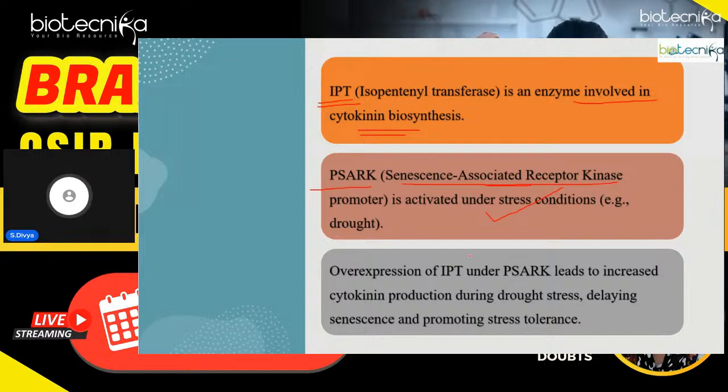So, if you combine IPT and SARK together, overexpression of the IPT gene under this promoter will obviously lead to overproduction of cytokinin, which delays senescence, thereby promoting stress tolerance. So, these are the features or functions of cytokinin.